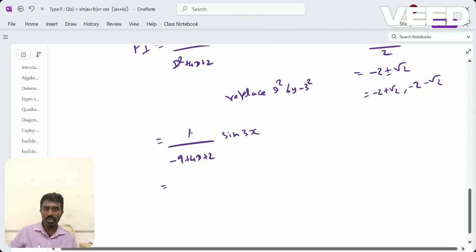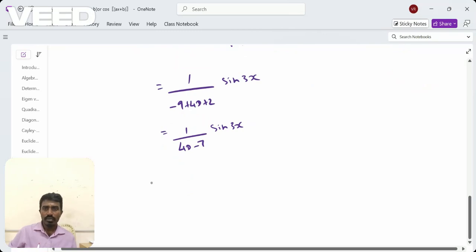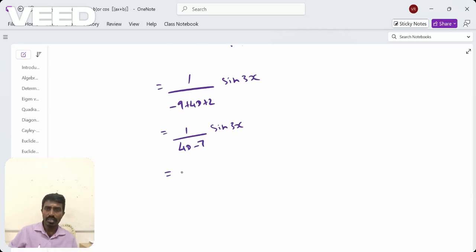So what you may get is 1 divided by minus 9 plus 2, so minus 7. So 4D minus 7 into sine 3x. Now multiply by the conjugate of the denominator and divide by the same.